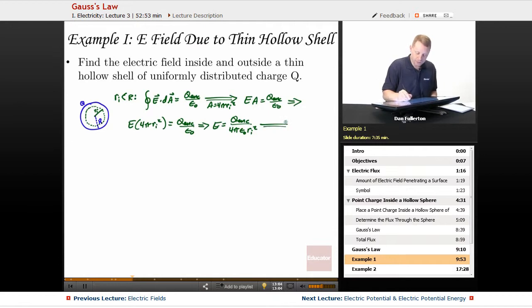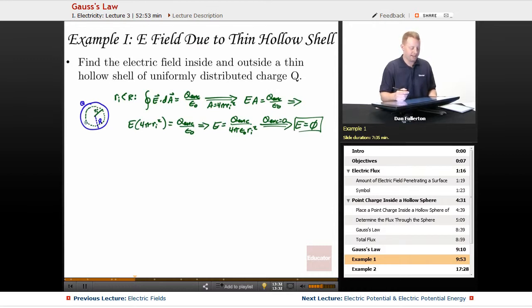What makes this one especially easy, though, is that the charge enclosed by our Gaussian sphere is 0. All the charge is outside in this blue shell of charge. There's nothing inside our Gaussian sphere. Q enclosed equals 0. Therefore, the electric field equals 0 inside that hollow shell of charge.